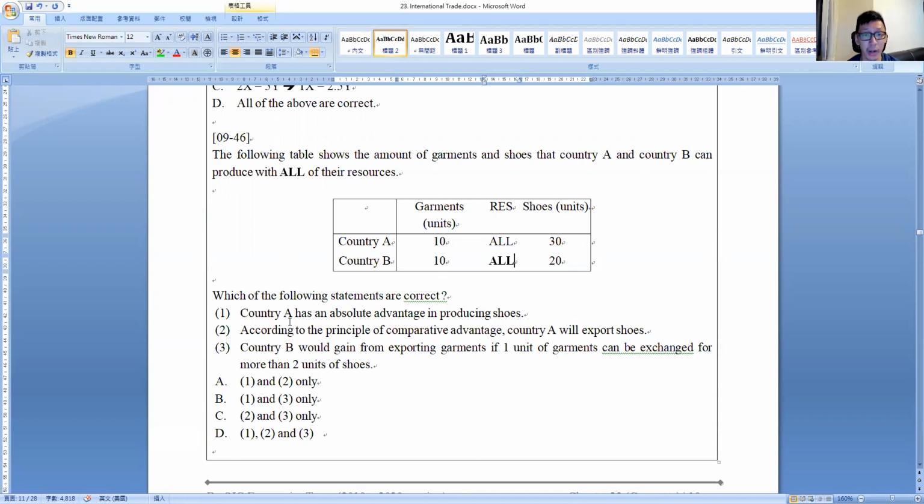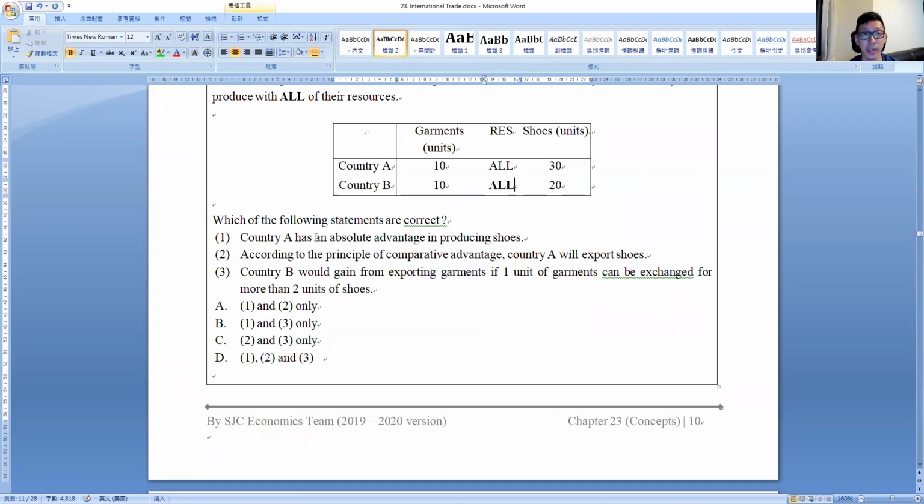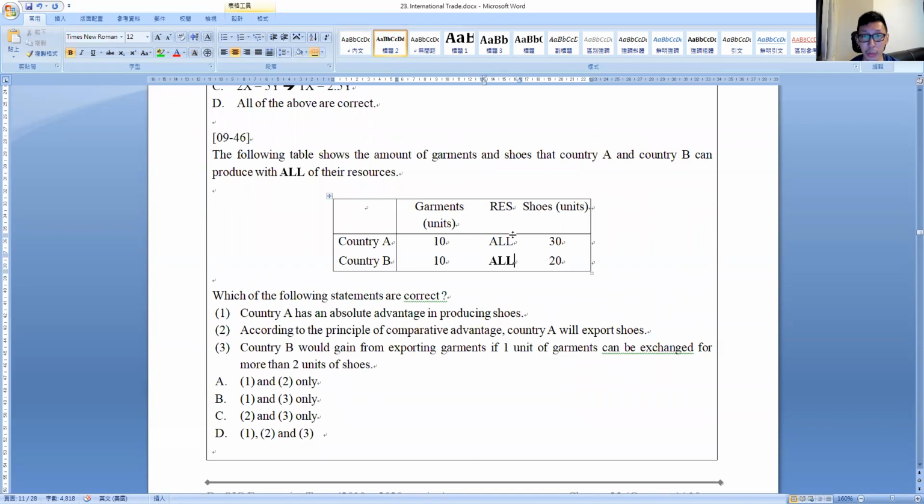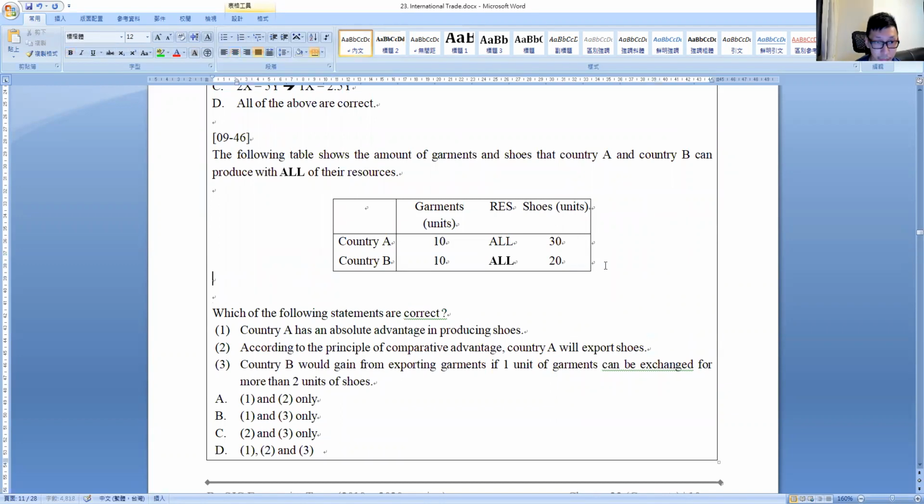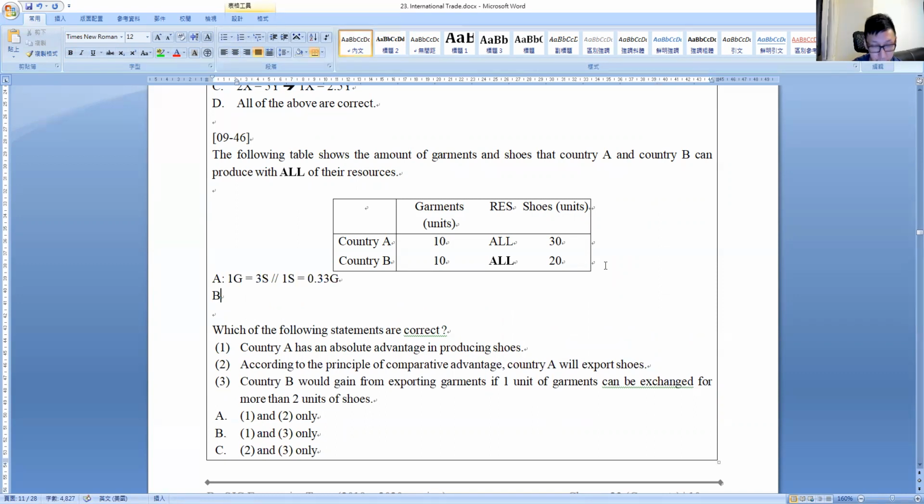Now, the opportunity cost for country A would be 1g equals 3s, or 1s equals 0.33g. For country B, it will be 1g equals 2s, or 1s equals this.